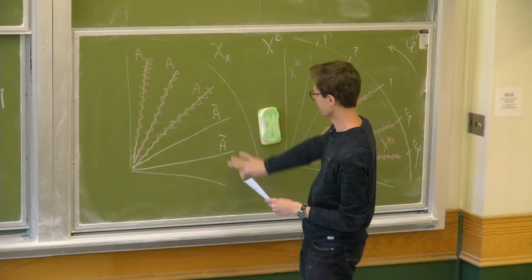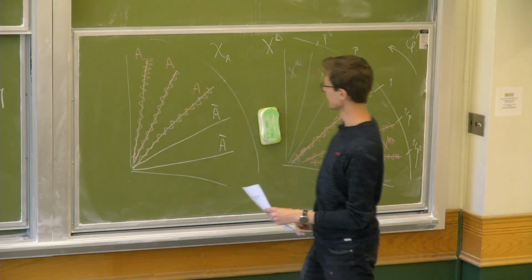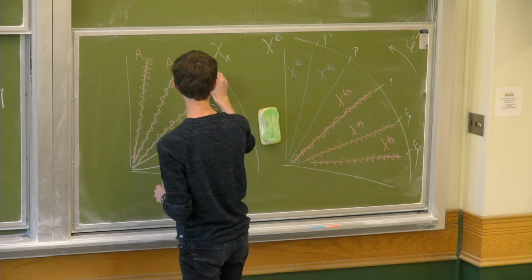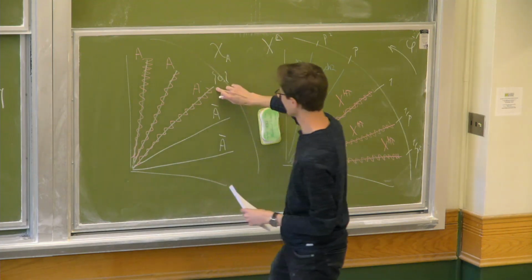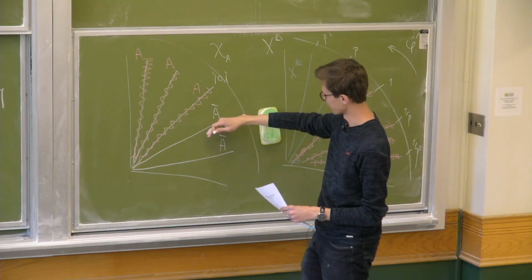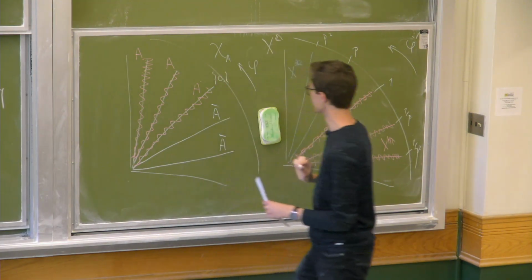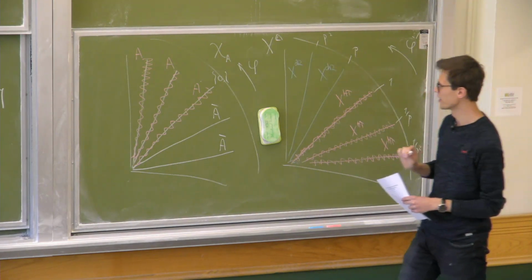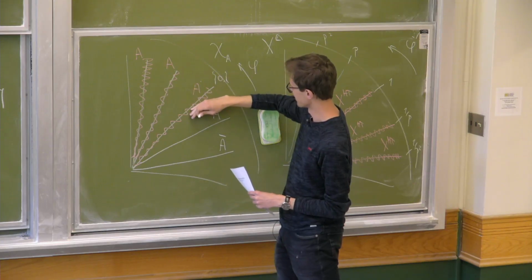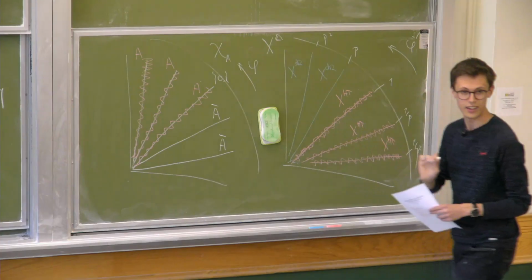You have this Fargues-Fontaine disk, and then you have these countably many copies of A bar, where this is now the 0th one, and this is the first and the second, and so on. And you also have these pre-images under Frobenius. There's a Frobenius on the whole picture, which acts in this direction. And on the positive translates of this 0th copy of A bar, I glue A instead of A bar. Okay.